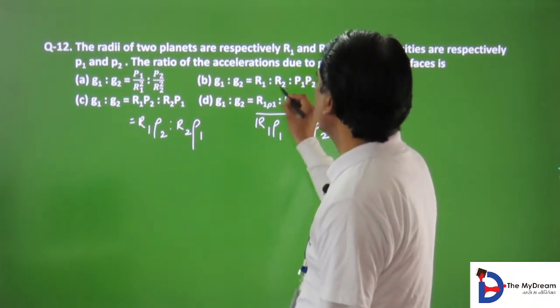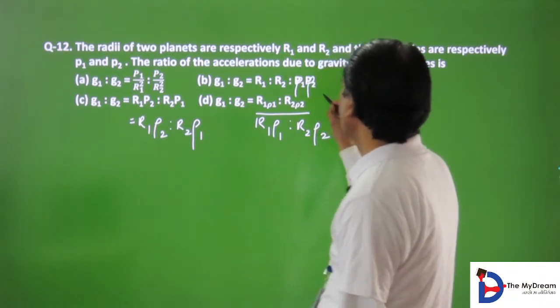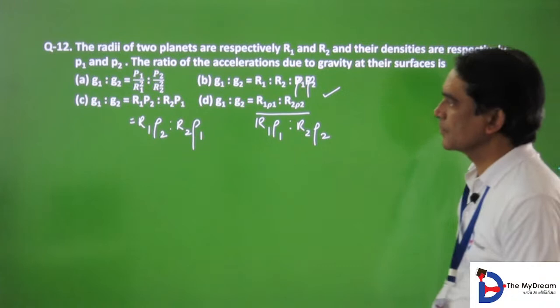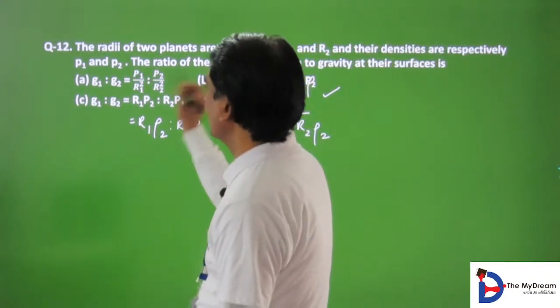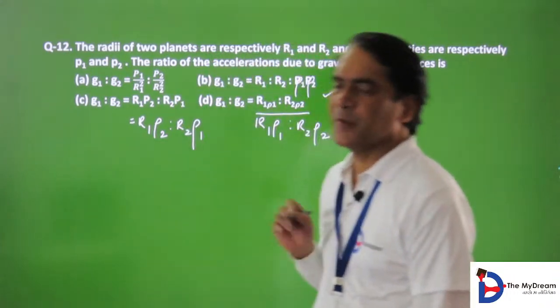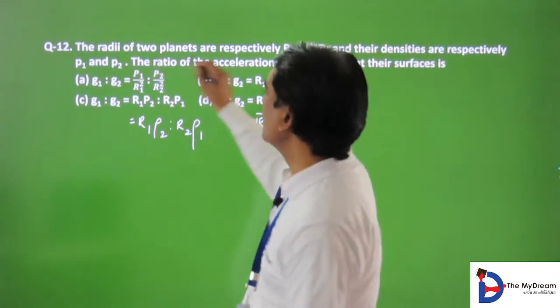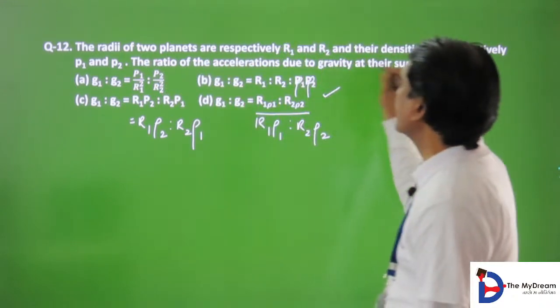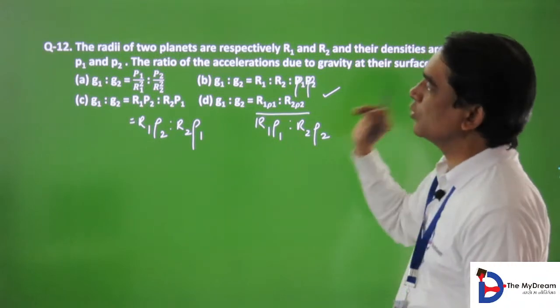In place of this, rho 1, rho 2, you can write down. Here it is not P1, P2, that is rho 1, rho 2. The radii of the two planets are respectively this and that, and their densities are respectively rho 1 and rho 2.